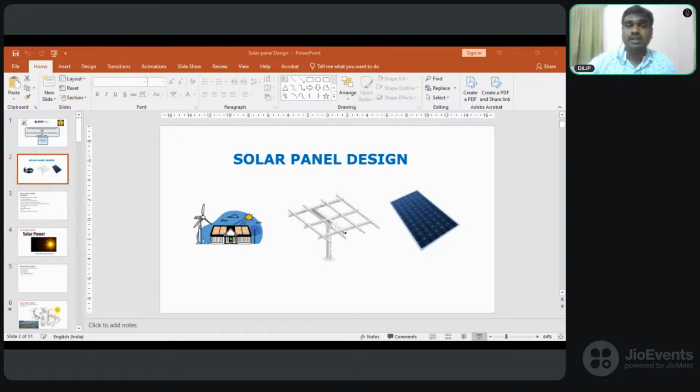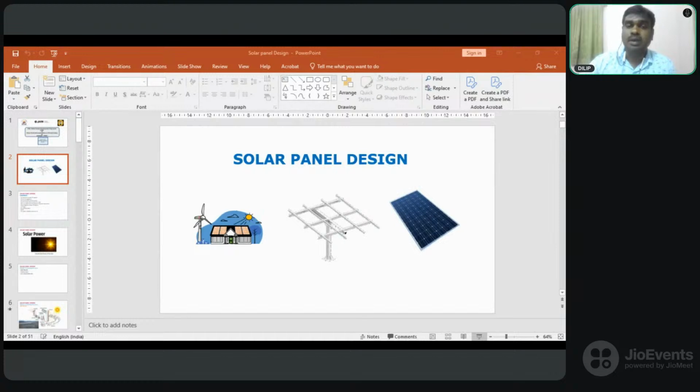I learned many things in sessions 1 to 6, mainly about inverter technology in renewable energy. Today's session is mainly on solar panel design, and this is the outline of contents. We learn about the introduction of solar PV module and PV cell arrangement, off-grid and on-grid PV systems, how to choose the solar PV panel for the load application, and how to choose the PV system for domestic application.